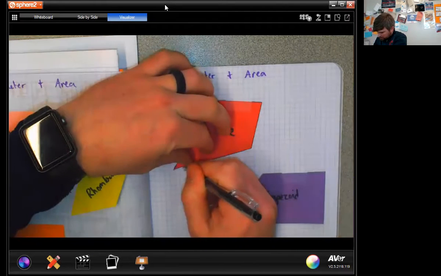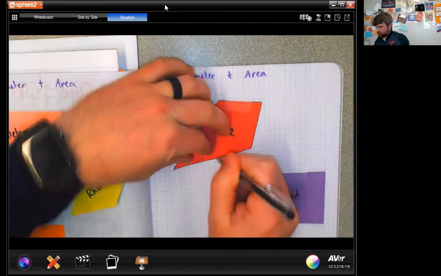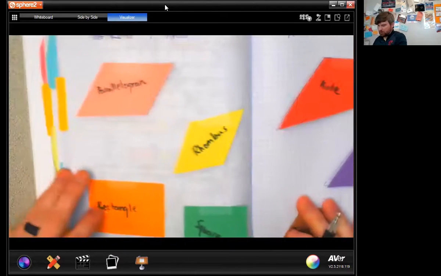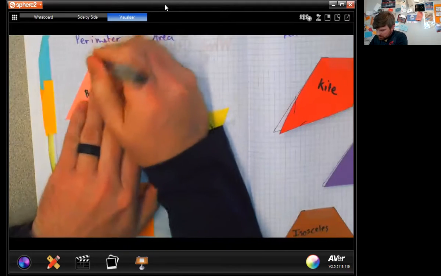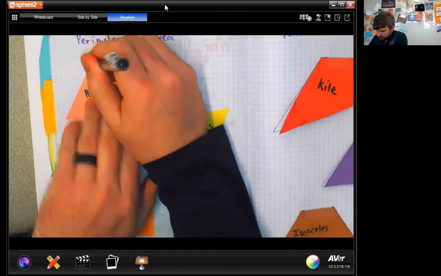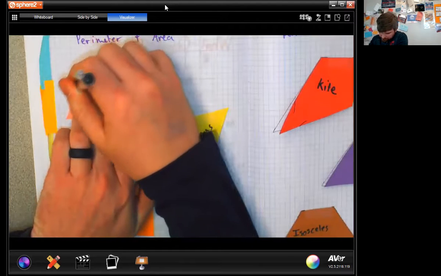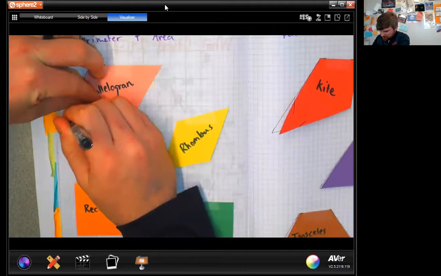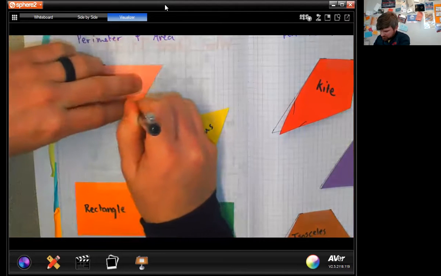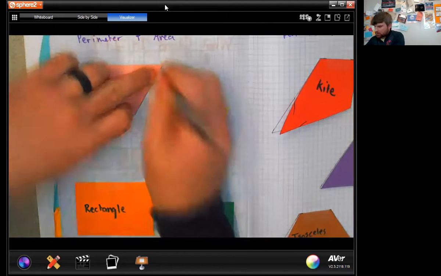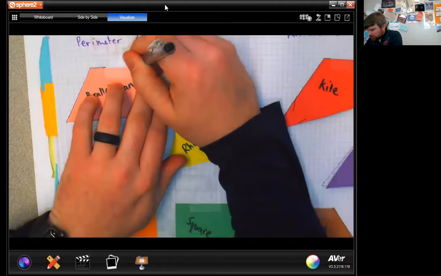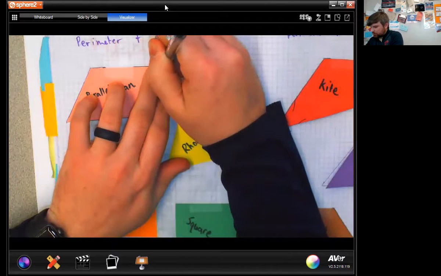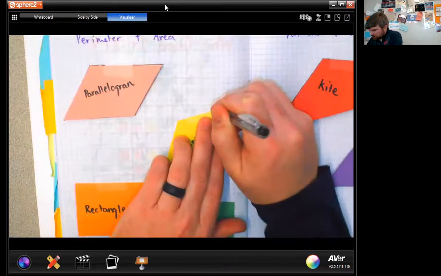Now, you don't have to memorize the formulas for all of these, okay? You can figure it out on your way, but having the formula memorized definitely helps when you're trying to figure out area or perimeter of these certain shapes.